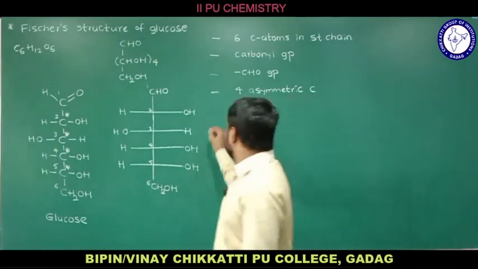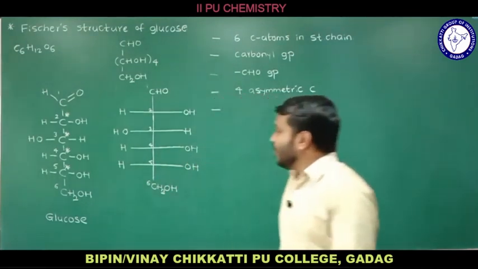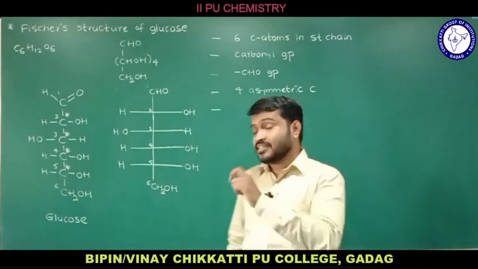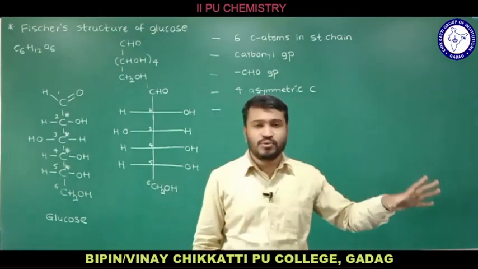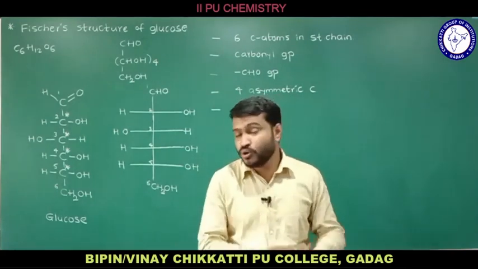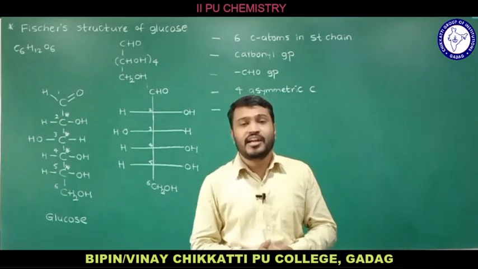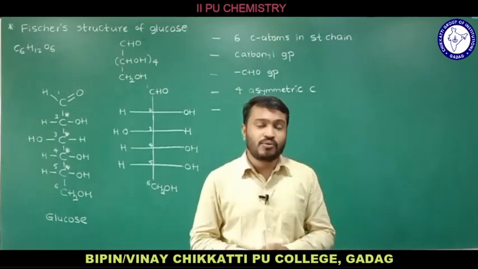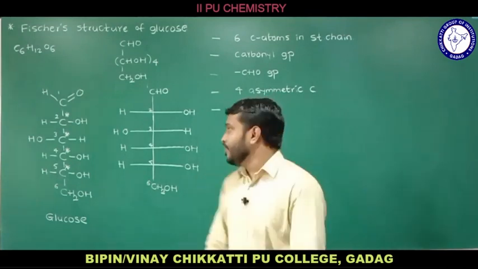Now we'll see how many OH groups we have here. We discussed one reaction, when glucose undergoes acetylation. When glucose reacts with acetic acid, we get glucose pentaacetate, and that represents that glucose has 5 OH groups.